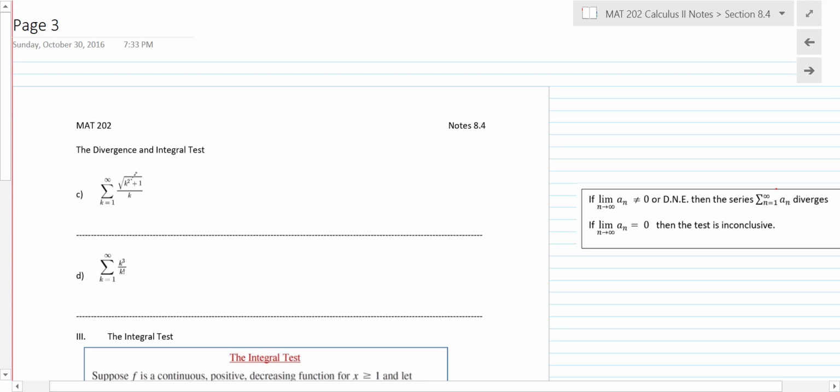Let's just write out maybe 3 terms. If you're doing this series, if k is 1, you would have square root of 1 squared plus 1 over 1. Then you would go to the next term, so it would be 2 squared plus 1 over 2. And then it would be 3 squared plus 1 over 3, and so forth like that.